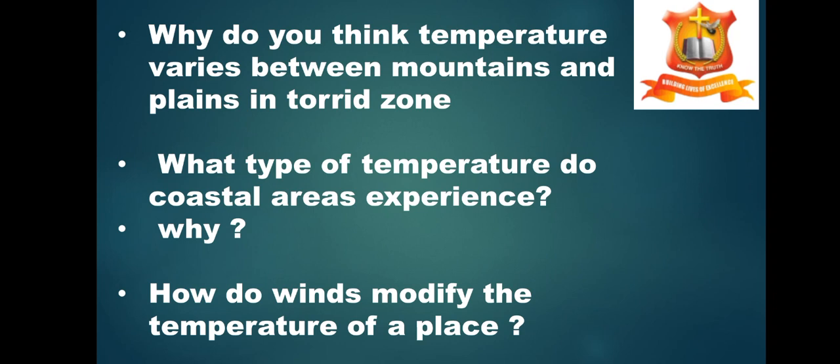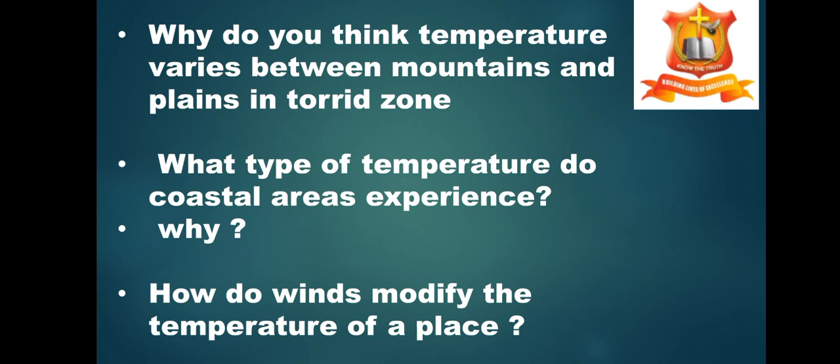Now the next question is, what type of temperature do coastal areas experience and why? Coastal areas have moderate temperatures. The wind that blows from the sea towards the land brings in a lot of moisture and keeps the temperature moderate.